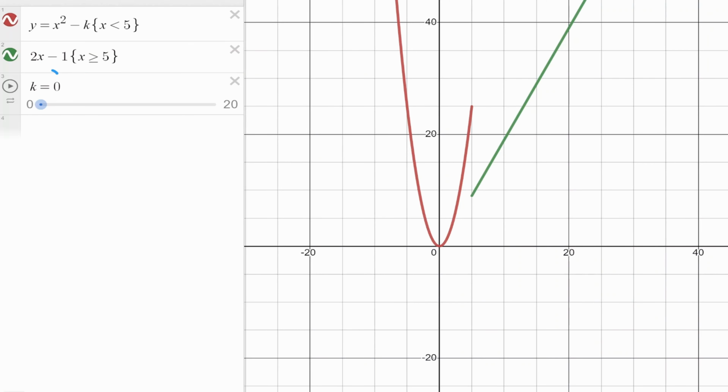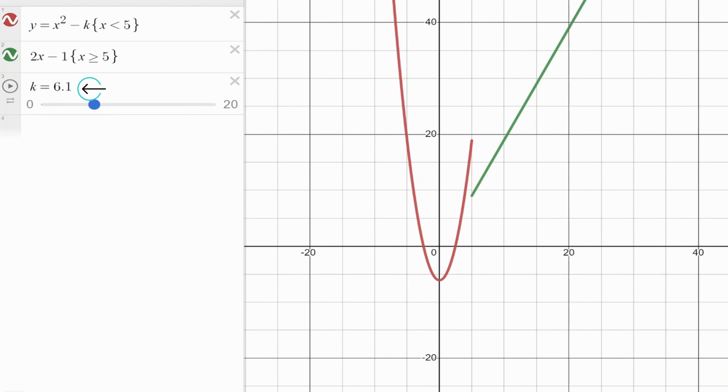And right now we're looking at the result when k is equivalent to 0. Notice that when k is equivalent to 0, we have a big gap between those two functions. So now let's increase the value of k, and let's see what that does to both functions. And notice as k is increasing, the gap between those two functions is decreasing.